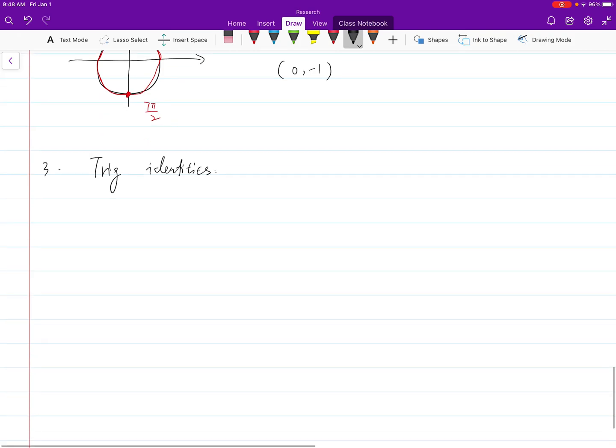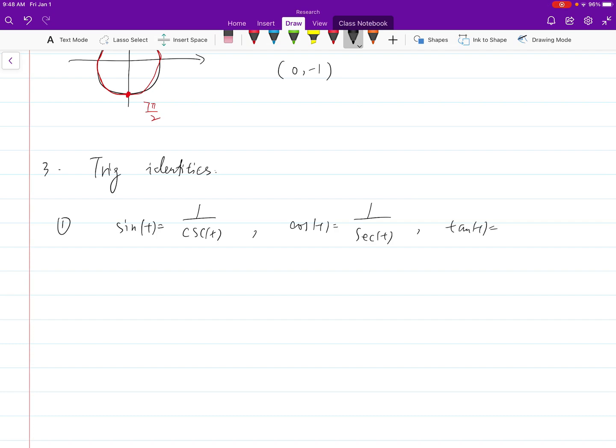We also have the trig identities, the same as what we had before for triangles. The first big type, reciprocal, which we already used, actually. By definition, we know this is true.